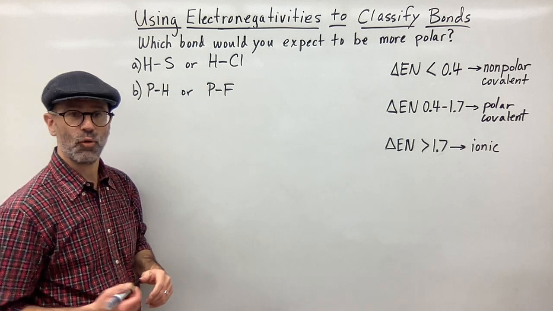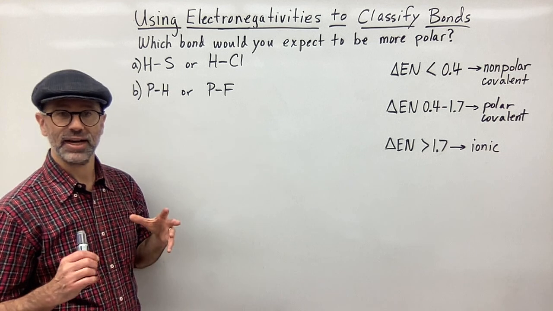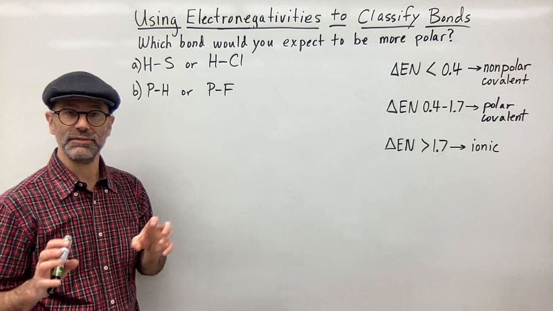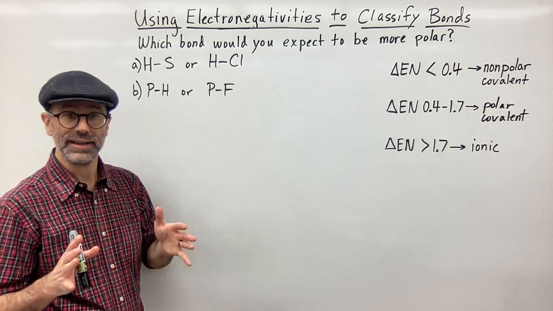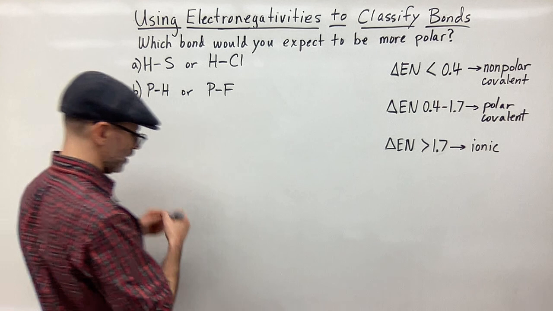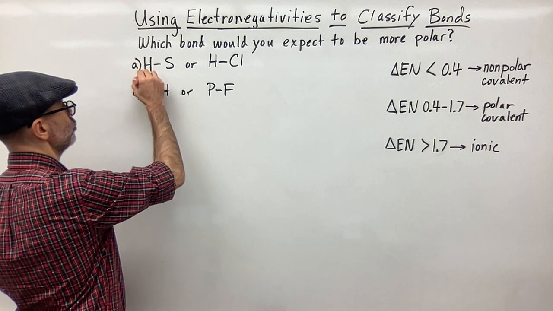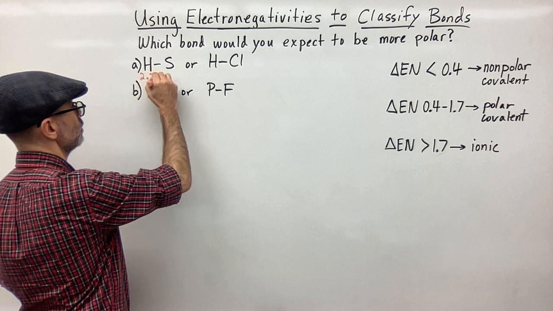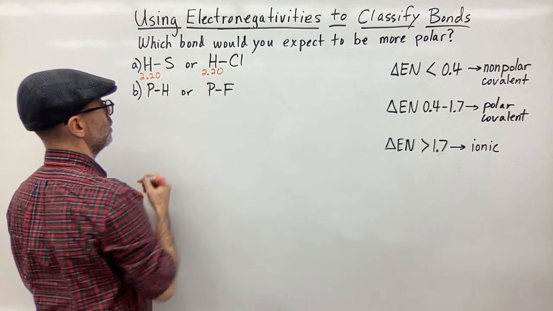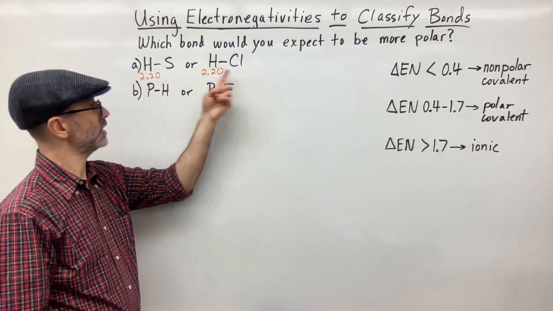If you have an electronegativity periodic table with the electronegativities written on it, then you can look at that. You'll find that hydrogen has an electronegativity of 2.20. So that's the same for both of these. And so the electronegativity difference is going to depend on the sulfur and the chlorine.